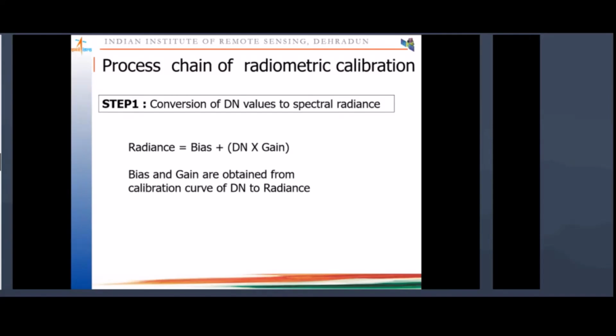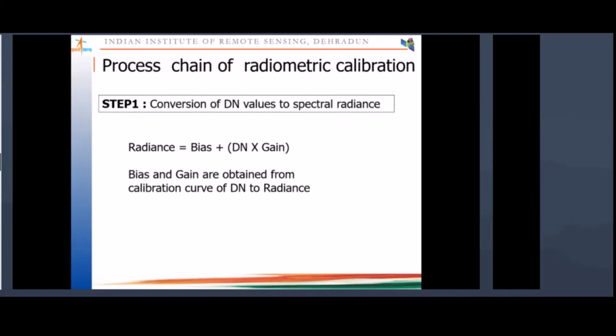So these slope and intercept values can be used to find the radiance from the given digital number values. Because see, the digital number values do not have any physical significance, right? To convert them into a physically measurable quantity, you need to have them in some radiometric unit. So here we have taken it as radiance.